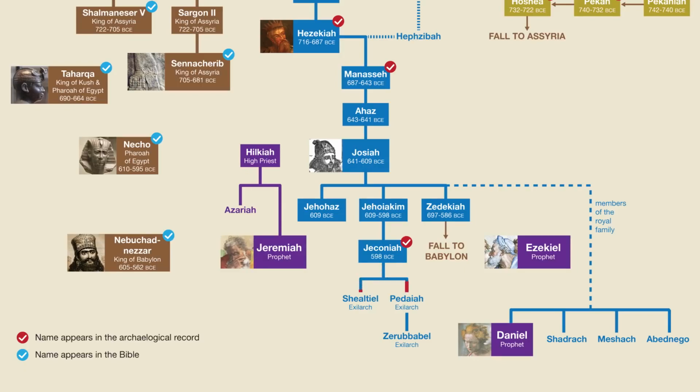The genealogy given in the Gospel of Matthew traces the line leading to Jesus back to Zerubbabel. Information on the exilarchs after Zerubbabel and their exact genealogy is pretty sketchy. However, they are mentioned on and off in historical records all the way up to the year 1258 CE, which is when Baghdad fell to the grandson of Genghis Khan.